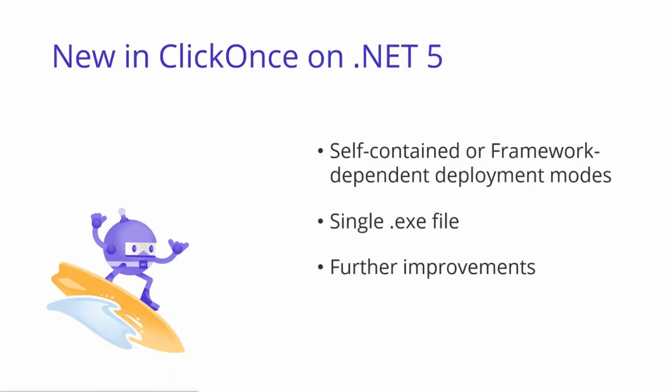There is also an option to package all files of your application with all files of the .NET framework if you are doing .NET 5, 6, 7 self-contained deployment. You can package it all in one single exe file and just send one file.